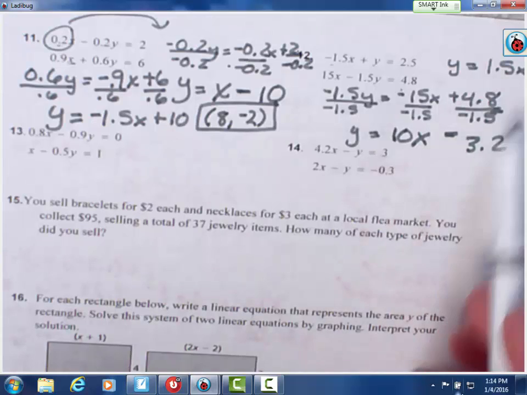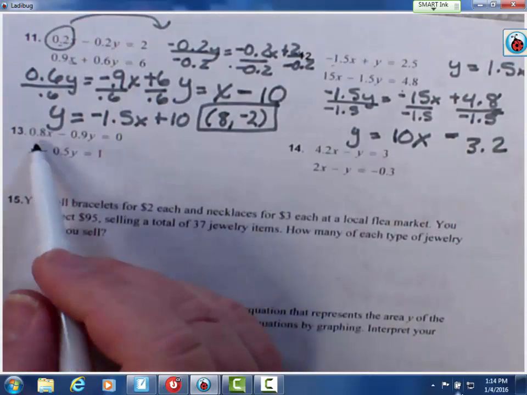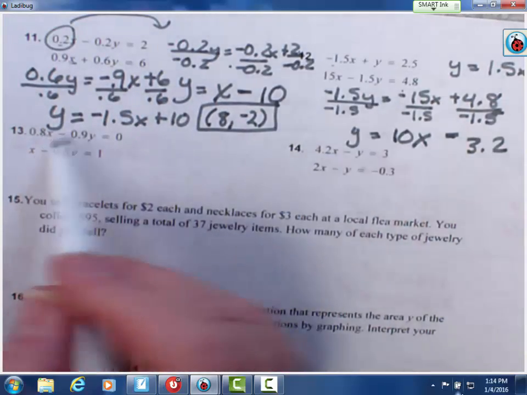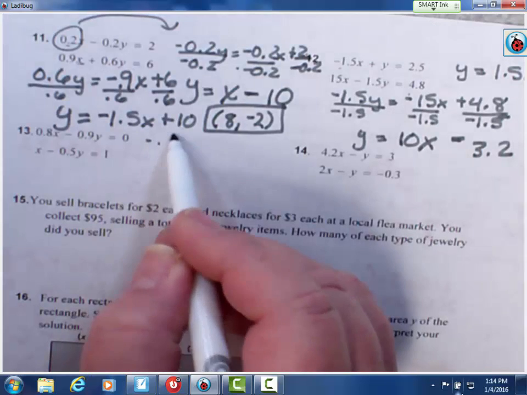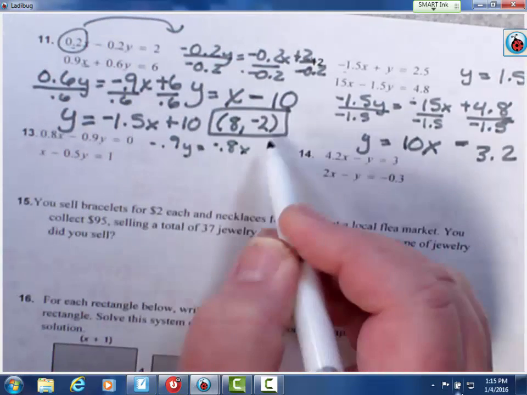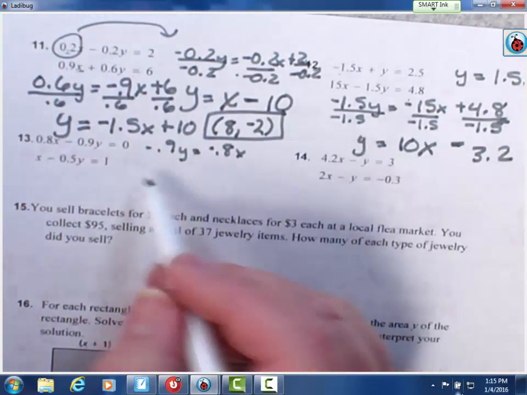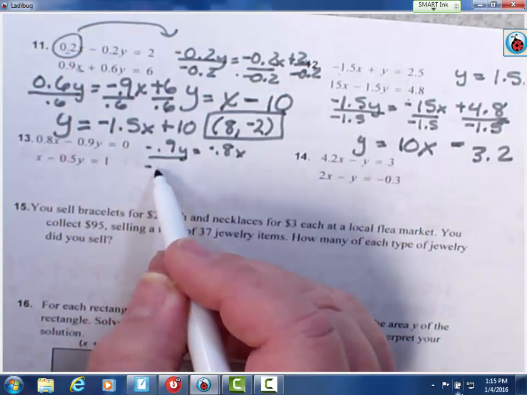Okay, so we have our two equations. Put them back in our calculator and find out what the intersection is. All right, so on 13, we would have -0.9y equals -0.8x plus 0, or just leave it as -0.8x. We divide both sides by -0.9.